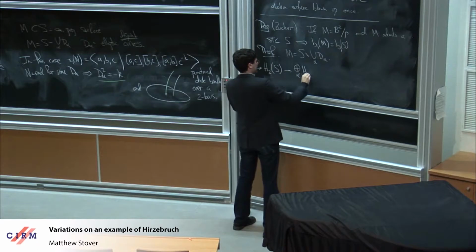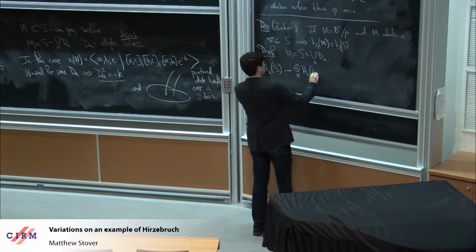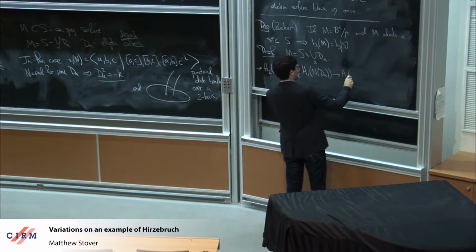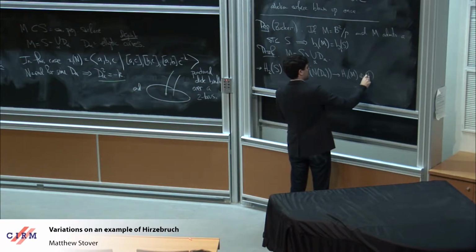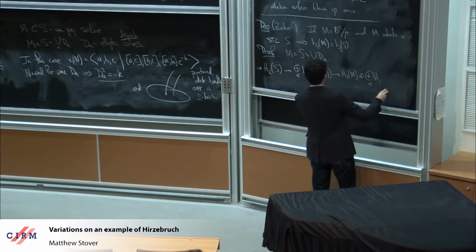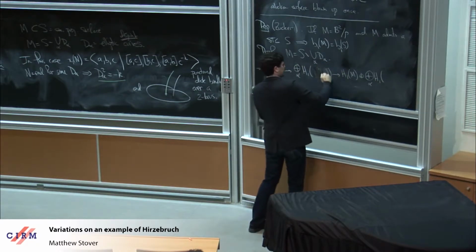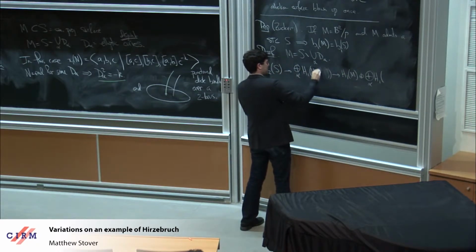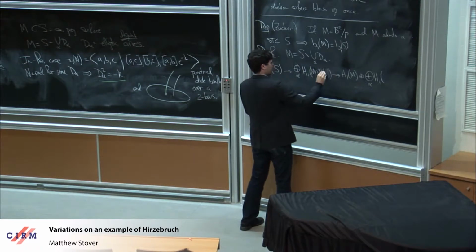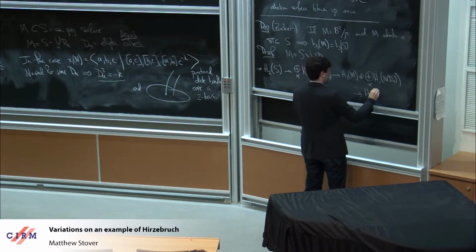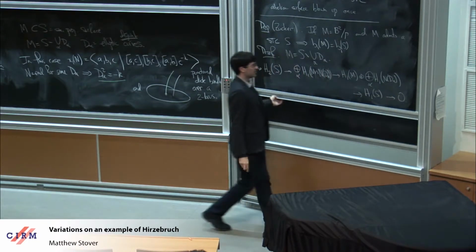Direct sum over alpha, H1 of the intersection of M with the neighborhood of D alpha, goes to H1 of M plus H1 of the neighborhood of D alpha, goes to H1 of S, goes to 0.